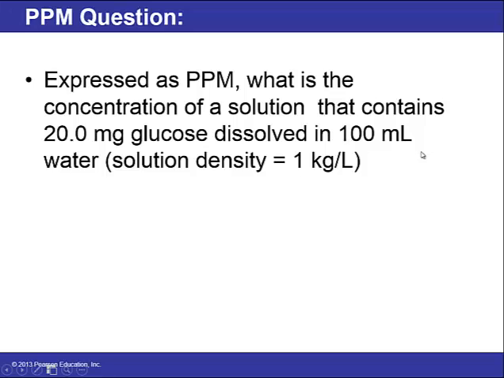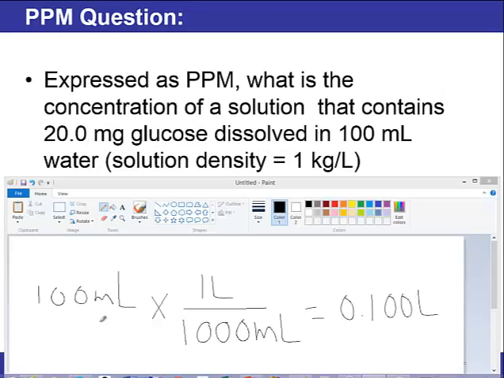So we would have to convert our volume into liters. So how would we go about doing that? Essentially, the first thing we need to do is convert our milliliters into liters. So now we have our volume in liters at 0.100 liters. And now we need to set up our parts per million solution as milligrams per liter and get that concentration worked out.